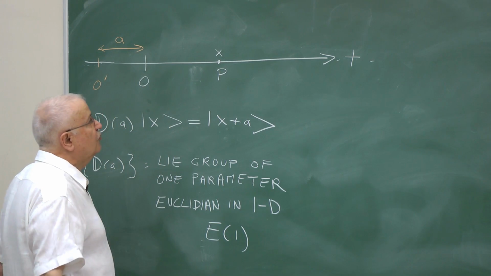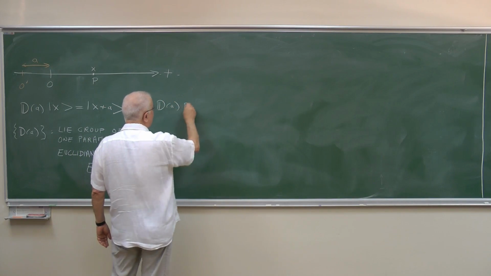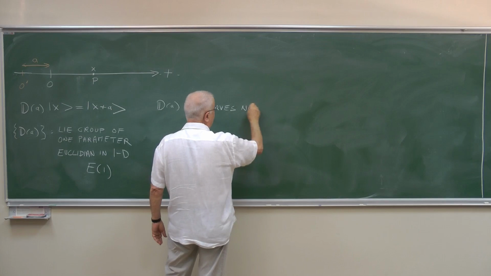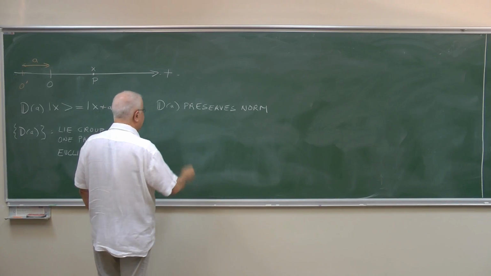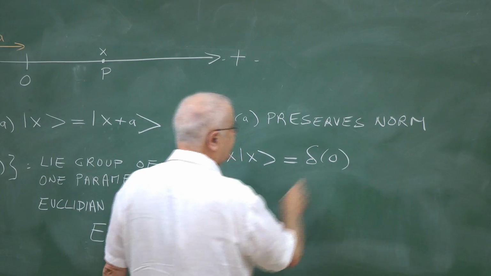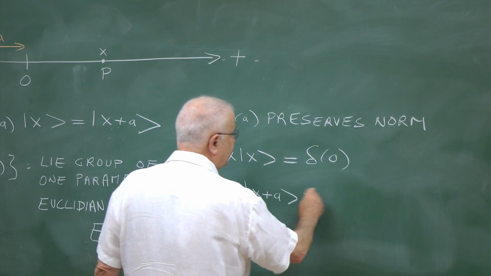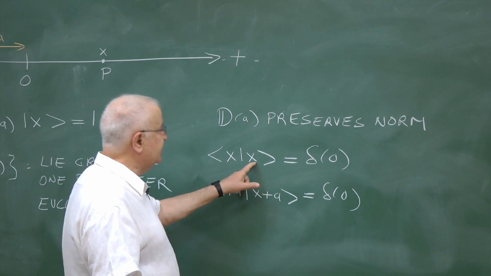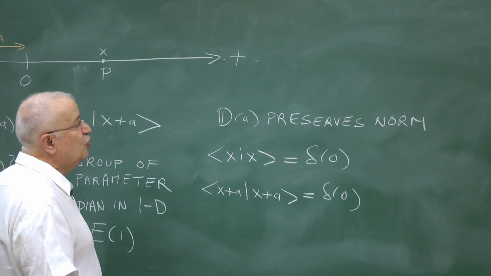Now, first of all, we should realize that d of A preserves norm. What do I mean by this? The x x scalar product is the Dirac delta function at 0, and x plus A with x plus A is also the delta function evaluated at 0, because this 0 is x minus x, and this 0 is x plus A minus x plus A. So it preserves norm.